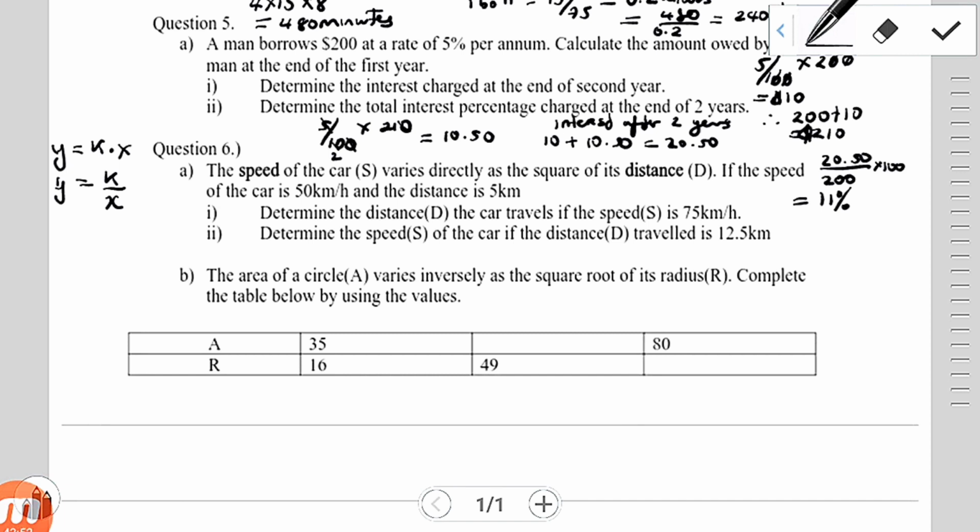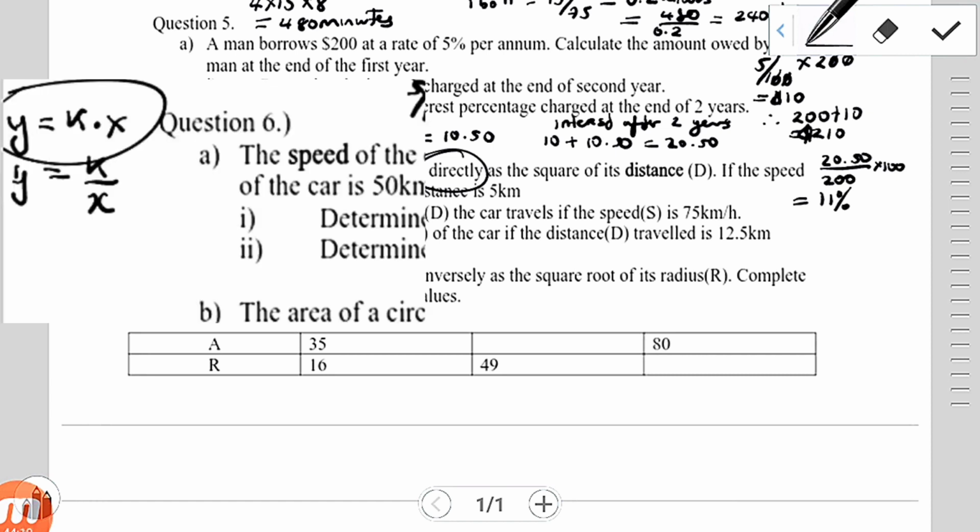For example, in this example number 1, we are using s and d as our variables. It did say directly, so we know that this is the formula we're going to apply. Now we need to figure out which one represents y and which represents x. Speed varies directly as the square of its distance.